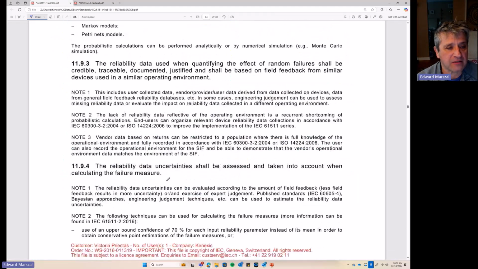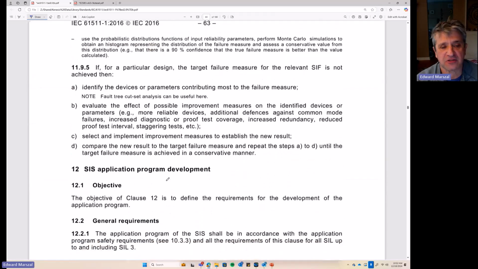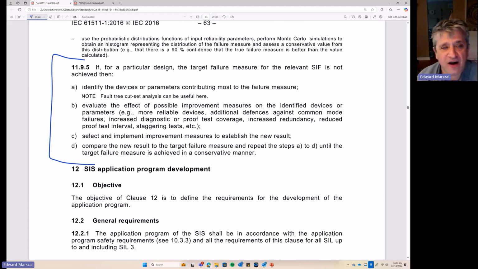Well, it just so happens that we have a list of things that you can do about that in clause 11.9.5. So I'm going to identify the devices that contribute most to the failure measure. So here I know that my transmitter is preventing me from getting to SIL 2.